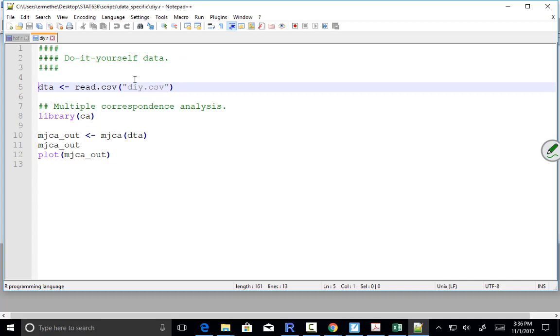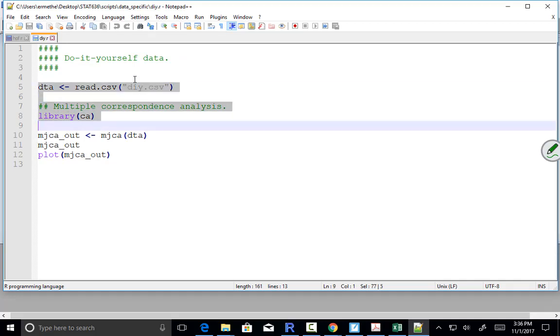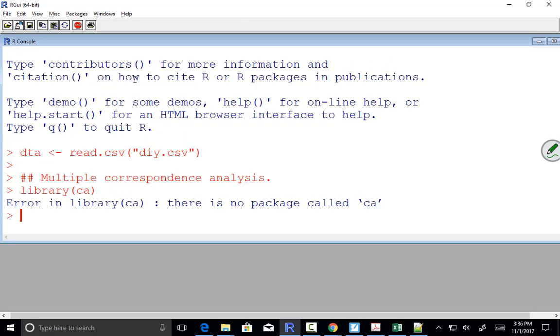So this is the short little script. I'm just going to read the data, and then the package I'm going to use for correspondence analysis is called CA, for correspondence analysis. So I'll library that in. There is no package. Okay, so I need to install it.